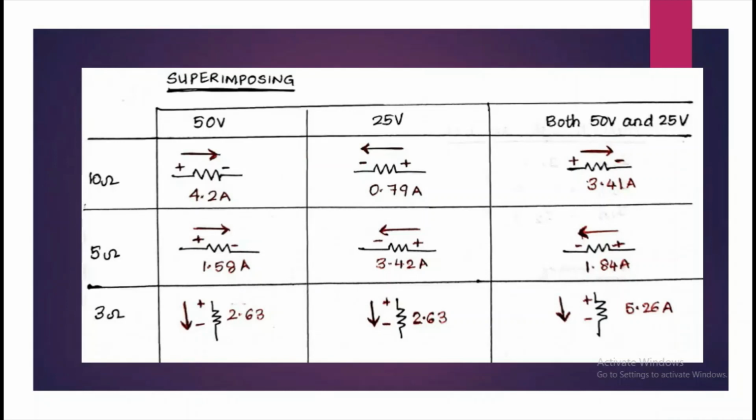Similarly we will do that for all the resistors asked in the question. And for 3 ohm, both currents are in the same direction, that is from top to bottom, so we can add them. So the table here on the right shows the final answer, that is the current through each of the resistors using superposition theorem.